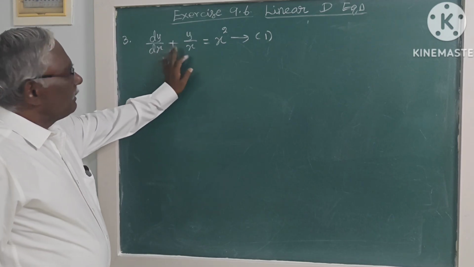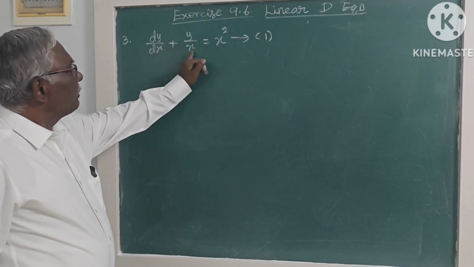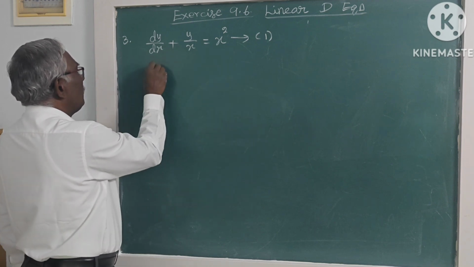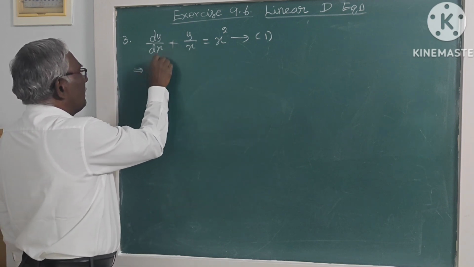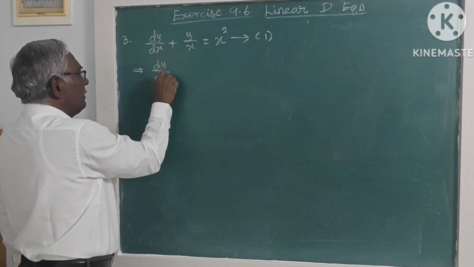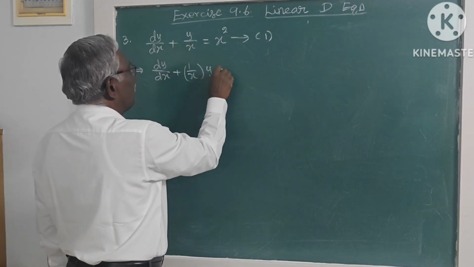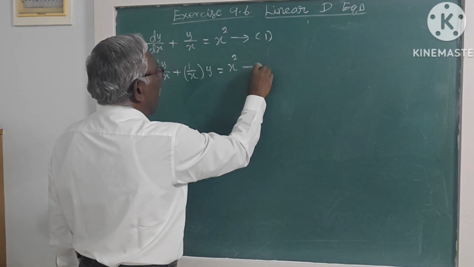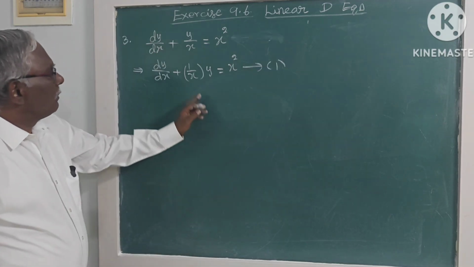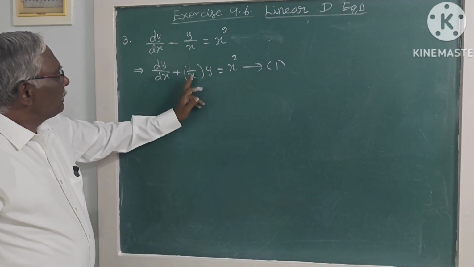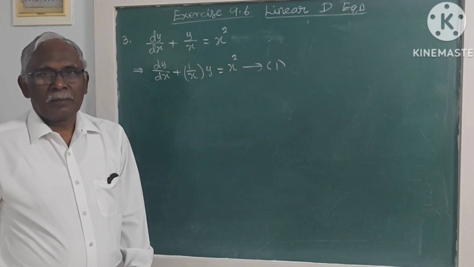On comparing this with dy by dx plus py is equal to q, we rewrite this equation: dy by dx plus 1 by x into y is equal to x square. Here p and q both are functions of x. P is 1 by x and q is x square.